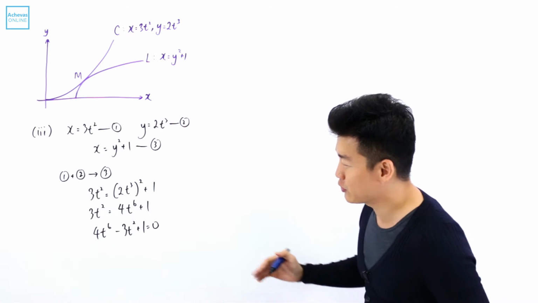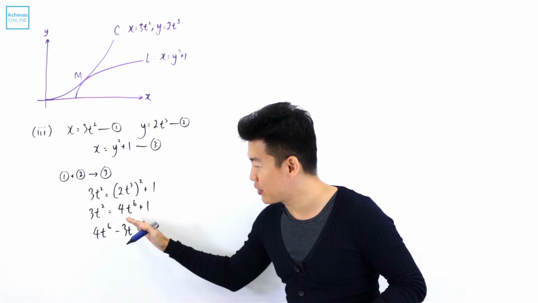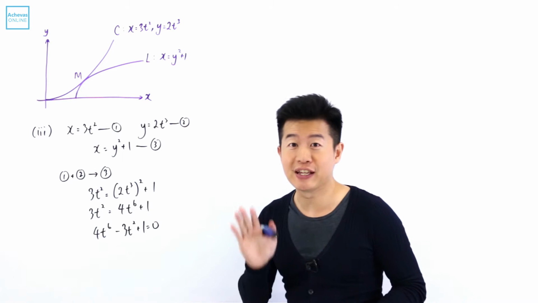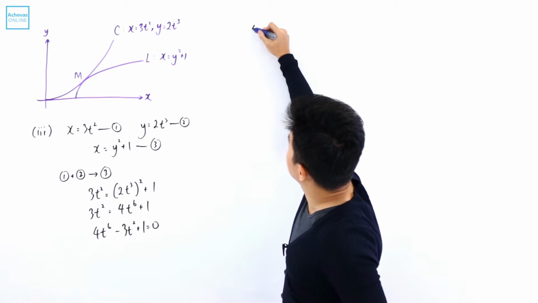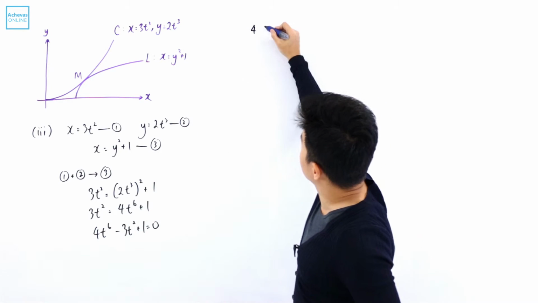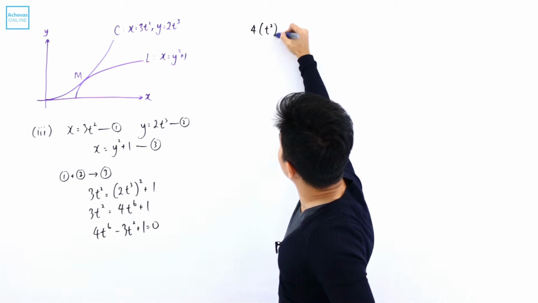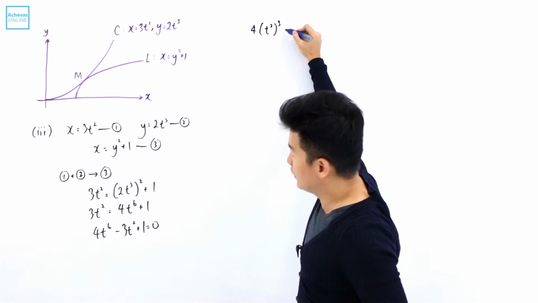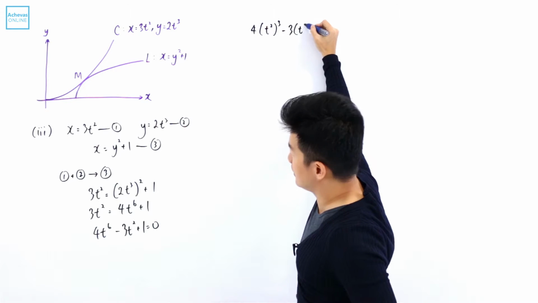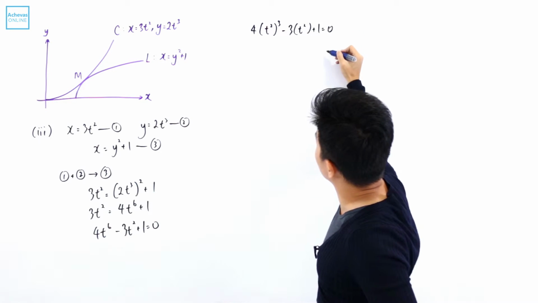What I'm going to try is to re-express this in terms of t squared. For example, t to the power of 6, I'm going to rewrite as t squared to the power of 3, then minus 3t squared plus 1 is equal to 0.